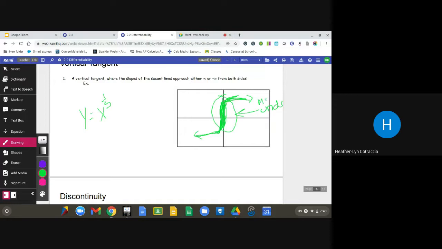So your slope is undefined. Well, what do you know about derivatives? Derivative equals slope. So if your slope is undefined, then your derivative is going to be undefined. So anywhere where you might have a vertical tangent, a line that's straight up and down, your function is not differentiable. Again, it's differentiable every place else. It's just not differentiable where you have that vertical tangent.